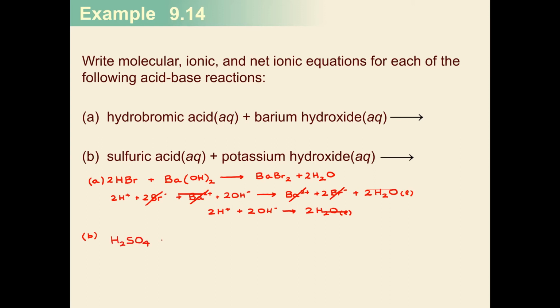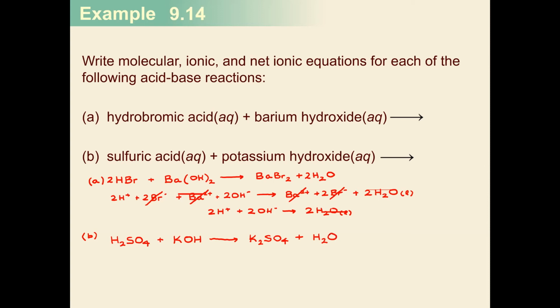H2SO4. And I'm going to react it with potassium hydroxide. So we have KOH. If I do this, I should get K2SO4, and I should end up getting H2O. But this is not actually all that correct.